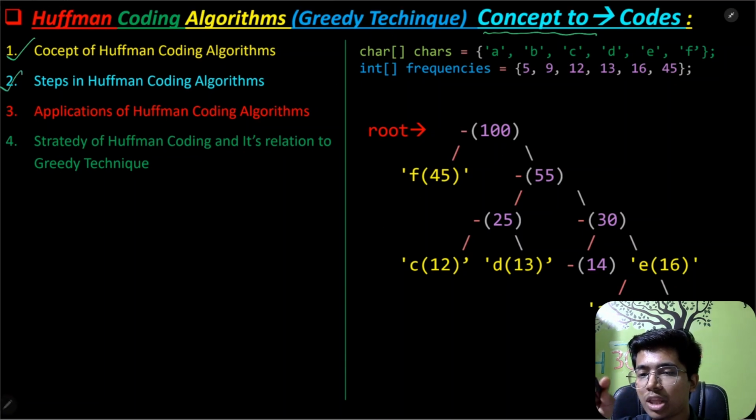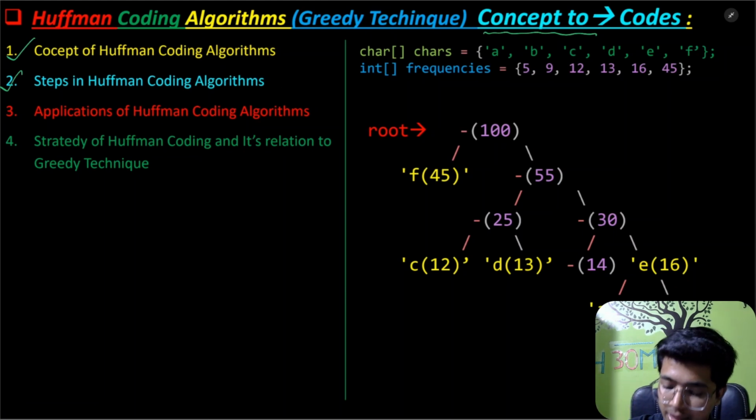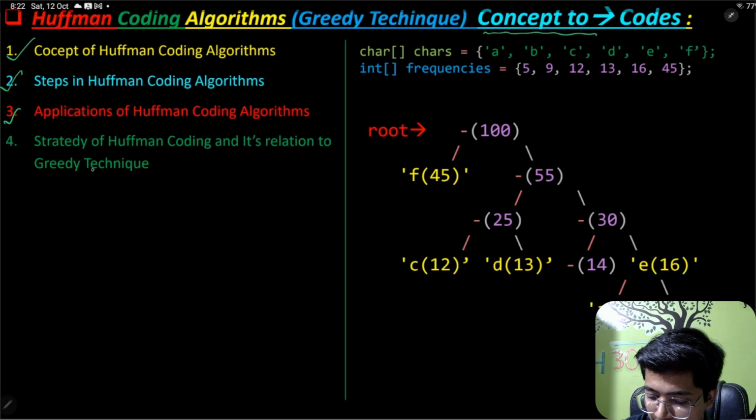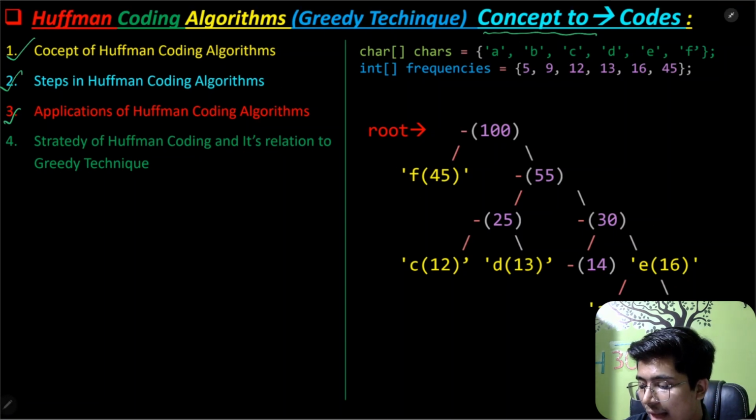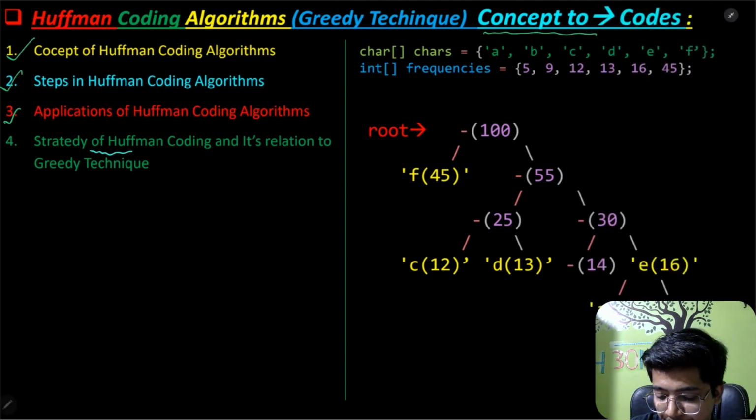Remember, nobody teaches you the applications, but I strongly believe that we should know the applications of all the data structures, that is, why you are learning those algorithms. I will tell you the applications, and then the strategy of Huffman coding and its relation to the greedy technique, and how Huffman coding is related to the greedy technique.